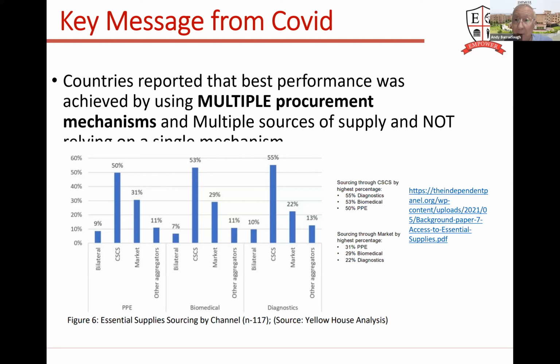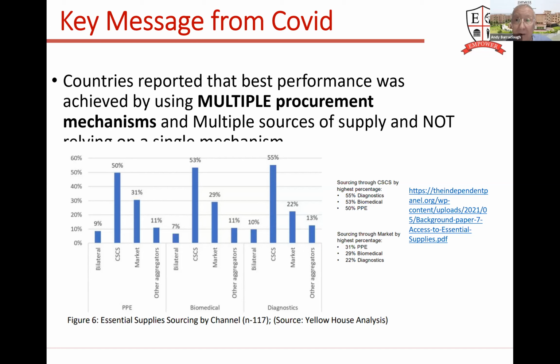When they split the procurement mechanisms, some global procurement, some self-procurement, some through bilateral donors, they got the best results. The message here: there's no one size fits all. There's not one method that's going to work for everything. Don't put all your eggs in one basket, use different procurement mechanisms.